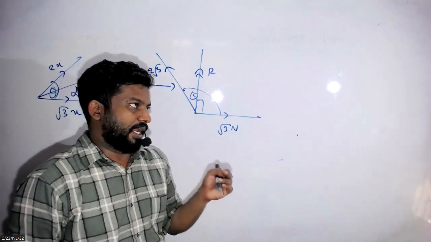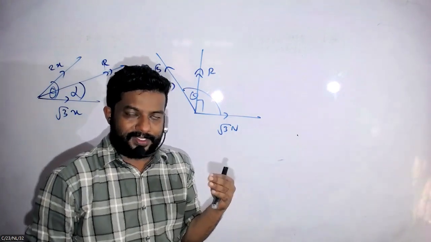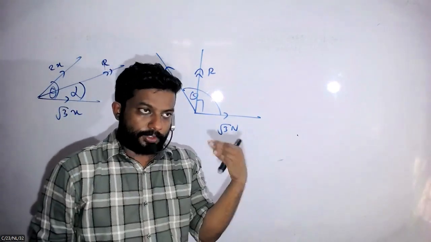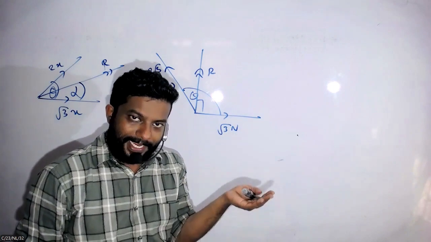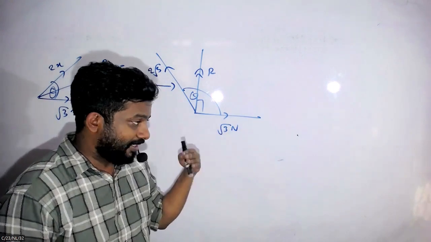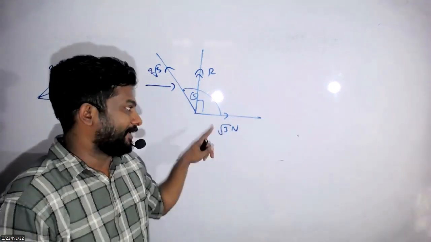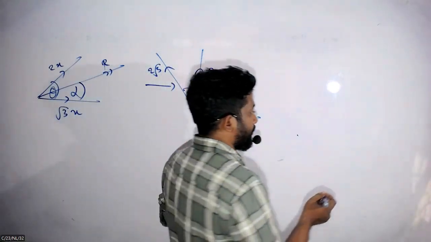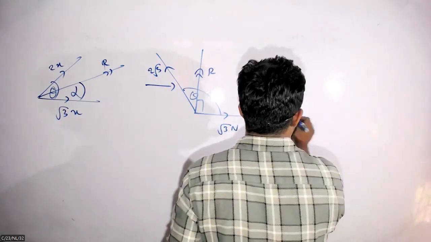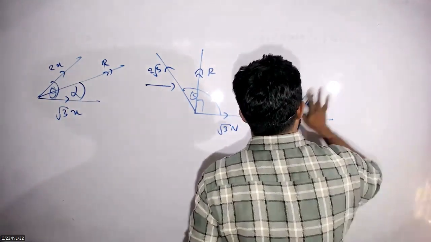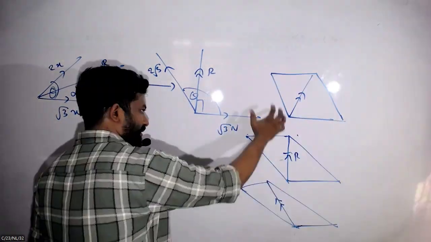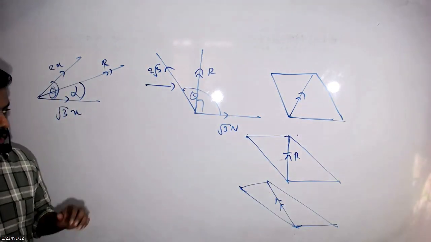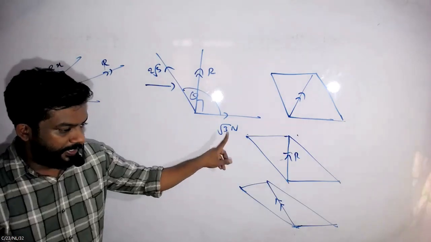Do you remember in our theory class, we discussed mainly three shapes of parallelogram that you can obtain for an obtuse angle. When the angle between the two vectors is an obtuse angle, you can obtain these shapes. These are the basic shapes of parallelogram for an obtuse angle.